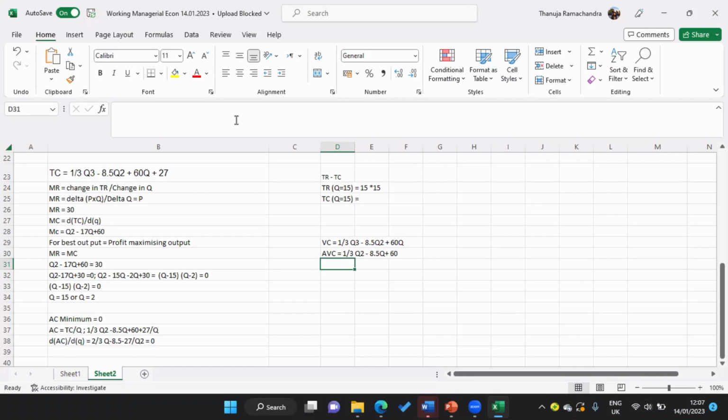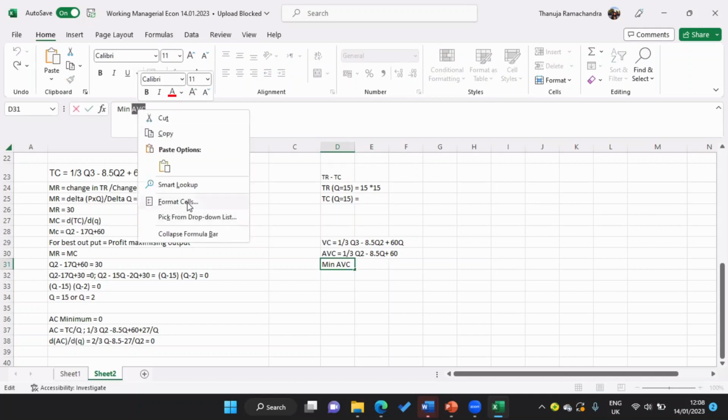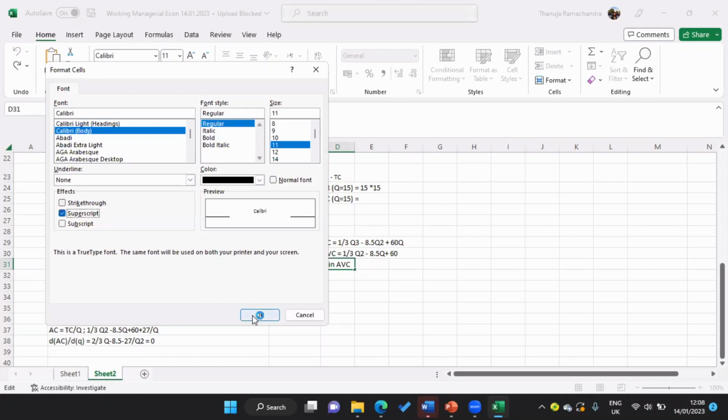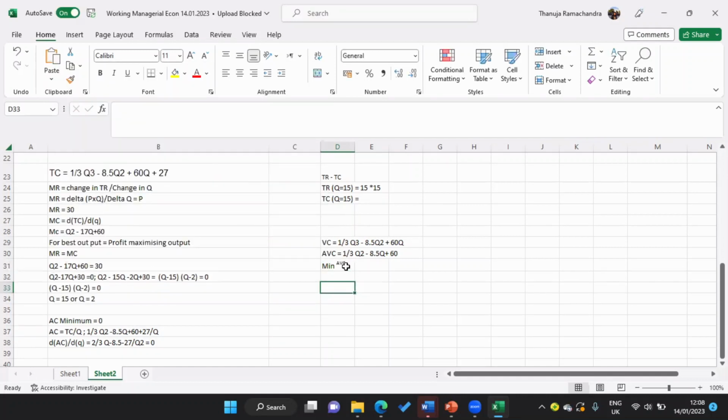So the minimum of that should be equal to price. Okay. So what is the minimum of AVC? When the AVC is at its minimum, the slope is 0, isn't it?